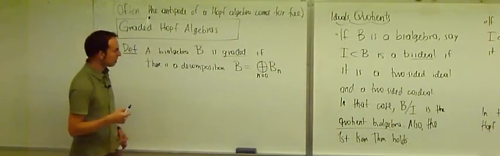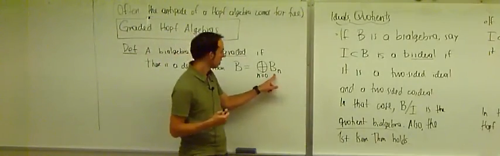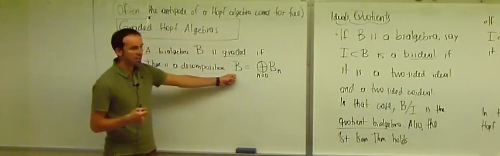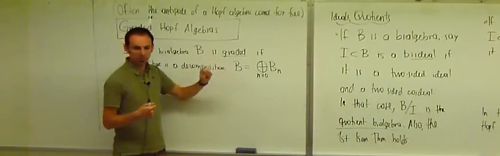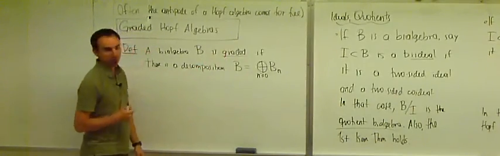And again, we think of the elements of Bn as being things of degree n. Every element of the bialgebra can be written uniquely as something of degree 0 plus something of degree 1 plus something of degree 2, etc. Some finite sum like that.